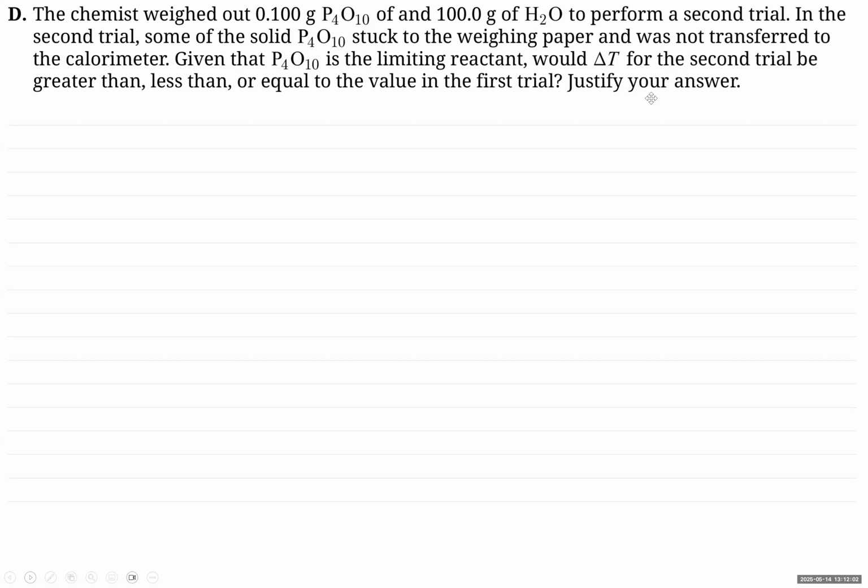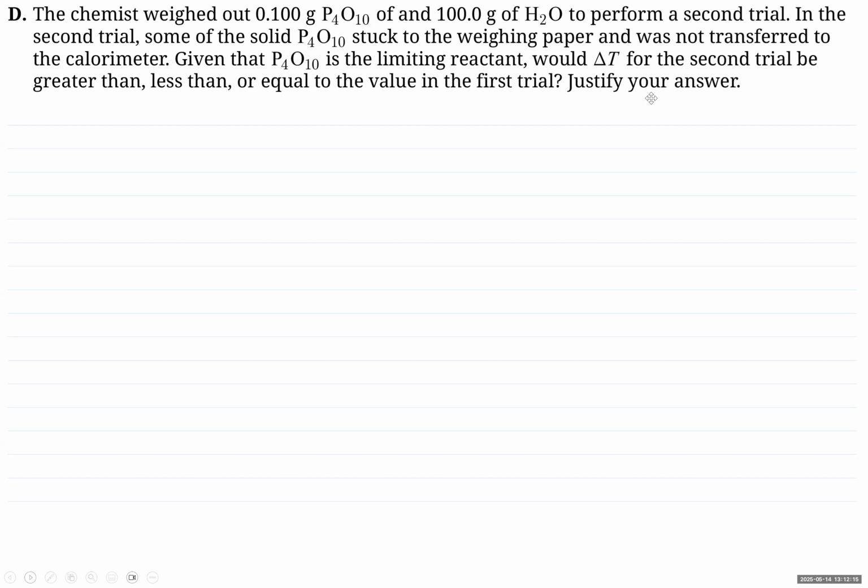So we know that because there's going to be some white phosphorus stuck on the paper, it's not entering the calorimeter or the reaction chamber, right? Which means the total number of moles of white phosphorus is also going to be less, right?